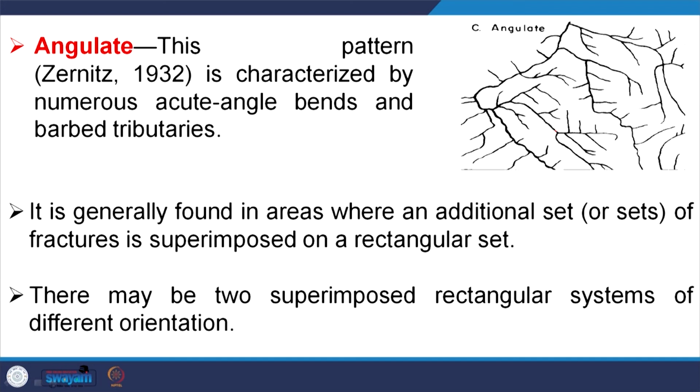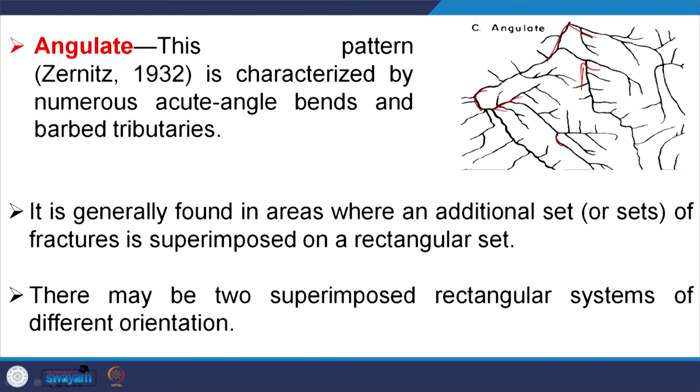Then angulate means angle. This pattern is characterized by numerous acute angle bends and braided tributaries. If you see here, these are acute angle bends, so this is the angular type. Here this is bending, this is bending.